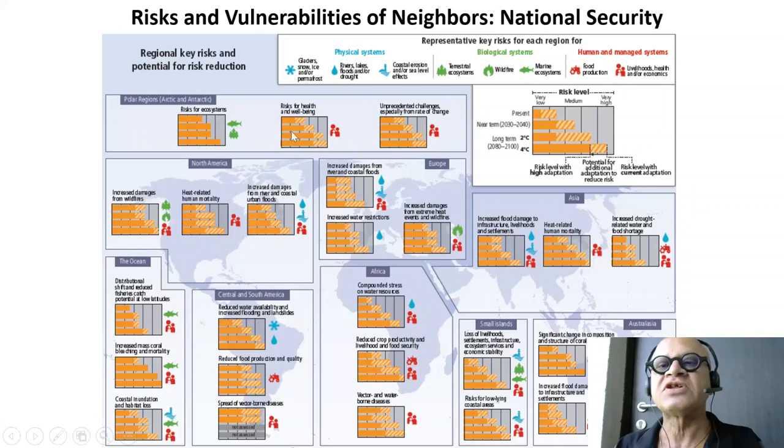Okay, so these are on the present, near term, so 2030 to 2040, and long term, which is 2080 to 2100, with global warming contained to below 2 degrees C or allowed to go up to 4 degrees C. Okay, so the risk level is shown here with very low and very high, and this is the potential for additional adaptation to reduce risk level.